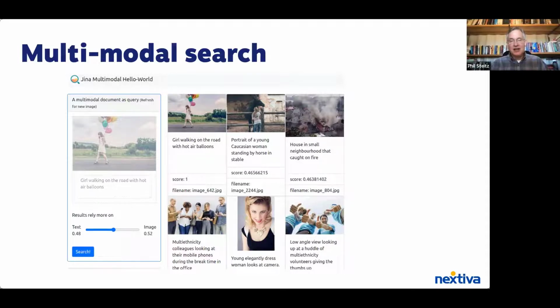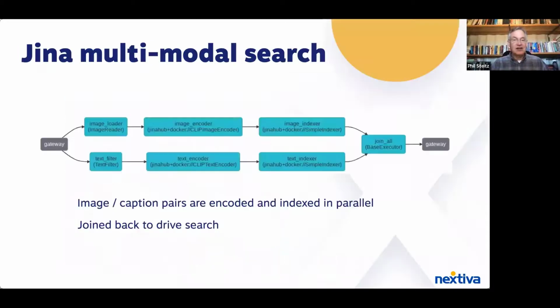It's a toy example, but it does illustrate the power of the kinds of things that you can actually do. The way this actually works in Jina is you set up a flow that encodes the images and the text in parallel.